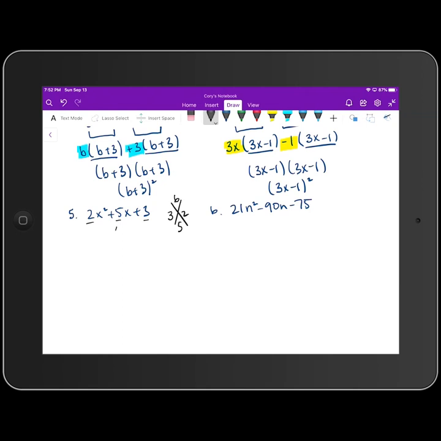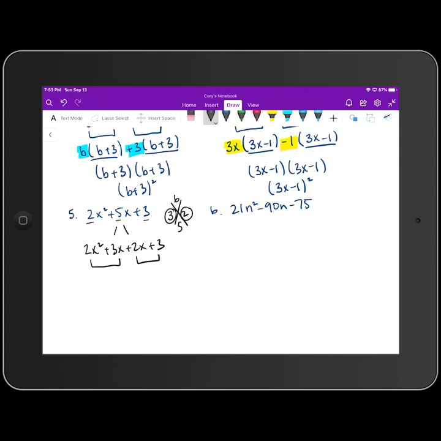So I'm going to take the middle term and split it into two terms using those as coefficients. So this is going to become 2x squared plus 3x plus 2x plus 3. And then we're going to factor this resulting polynomial here by grouping.